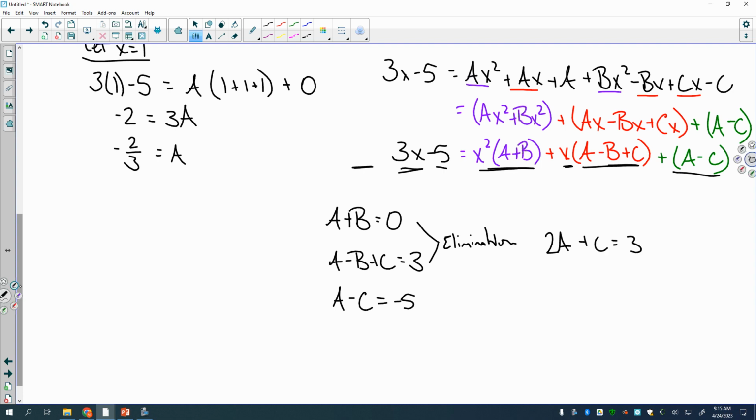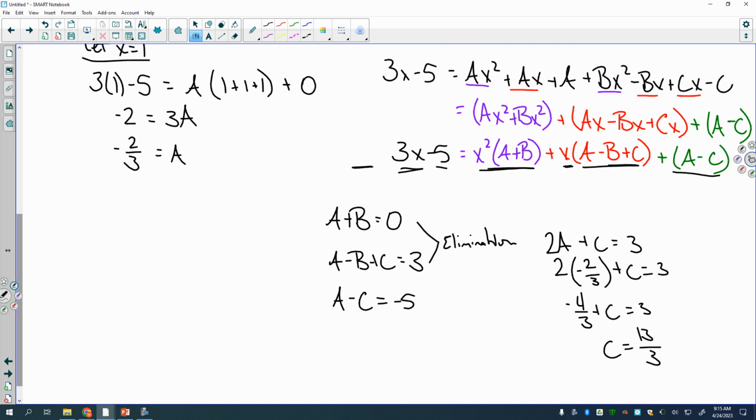And then I can go through and plug in my A. I just decided that I wanted to do a little bit extra algebra. -4/3 plus C is equal to 3. Add that 4/3 across. C is equal to 13/3.